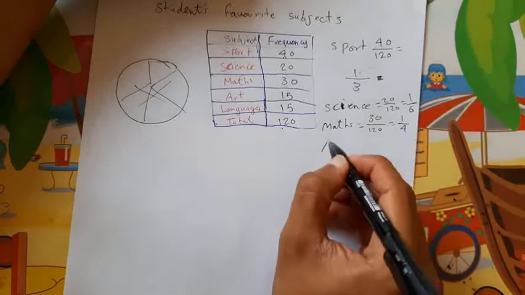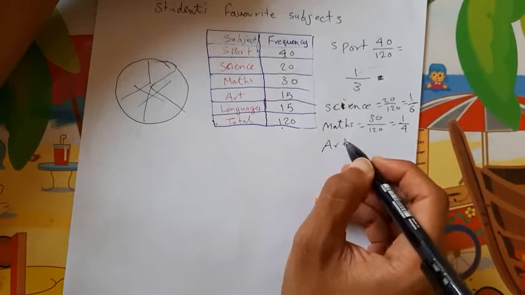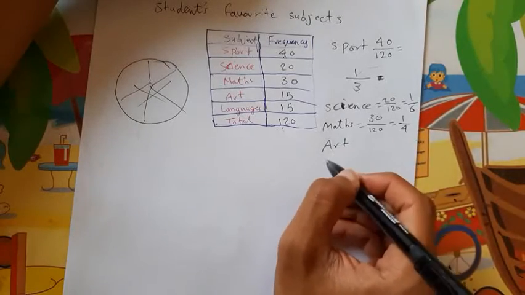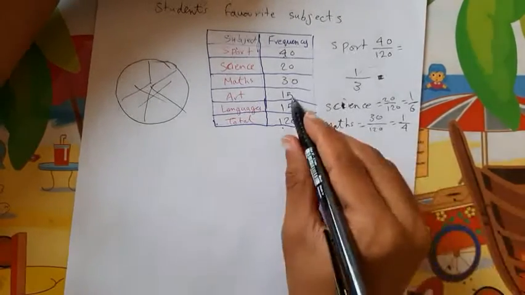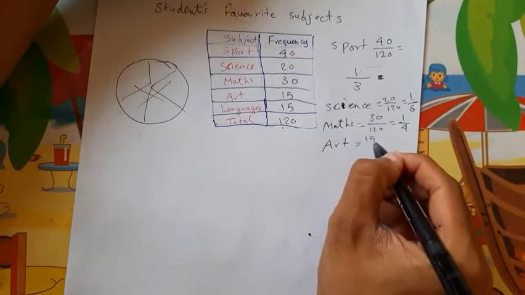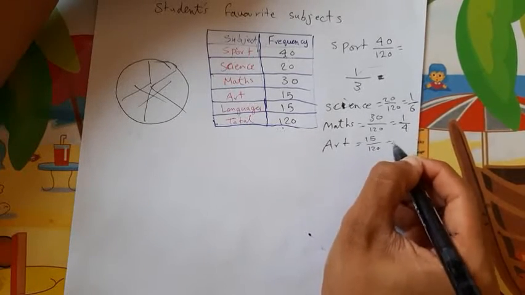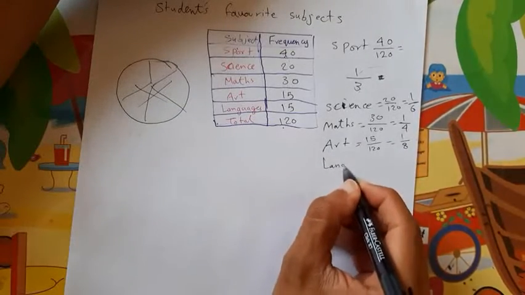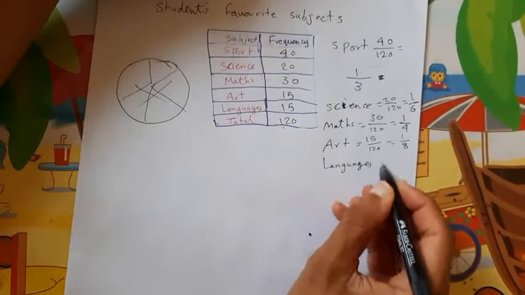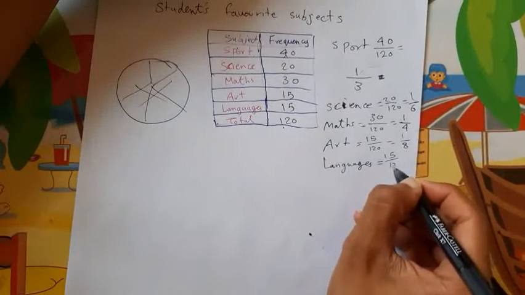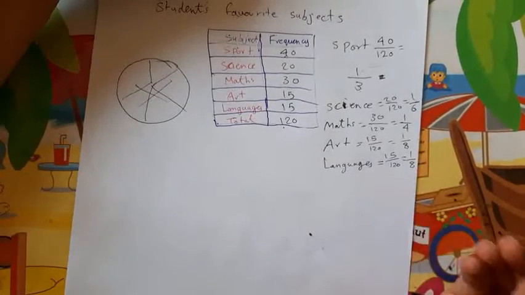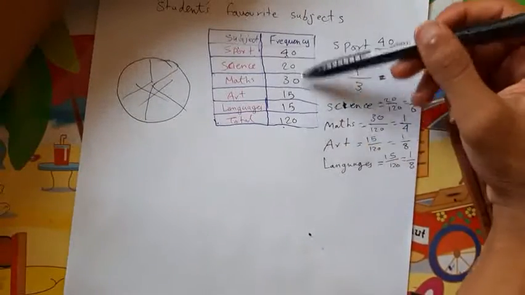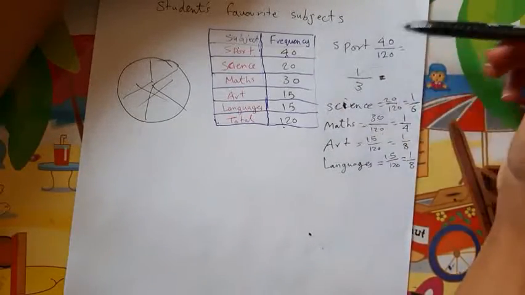So what about art? Both art and languages have the same number of students, 15 and 15, so 15 over 120. This is 1/8. Language is the same: 15 over 120, 1/8. Okay, so I represented the numbers, or frequencies, as fractions.